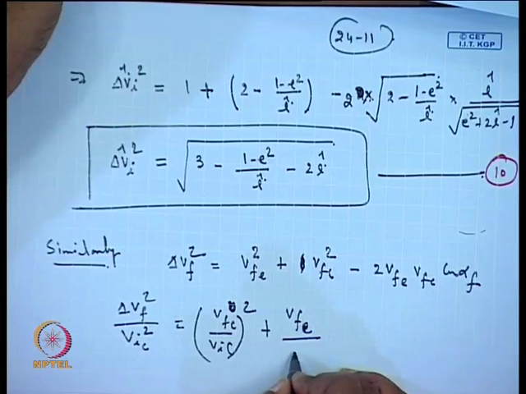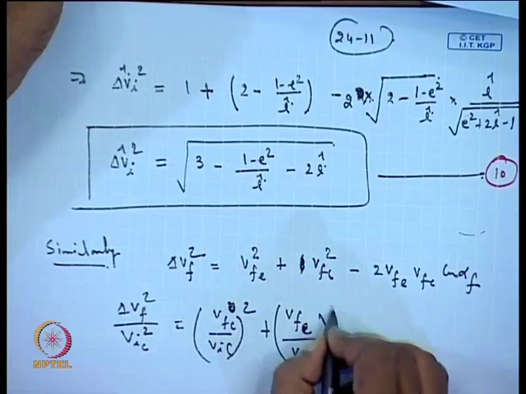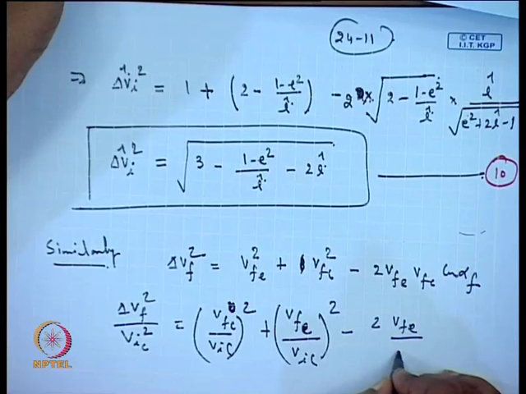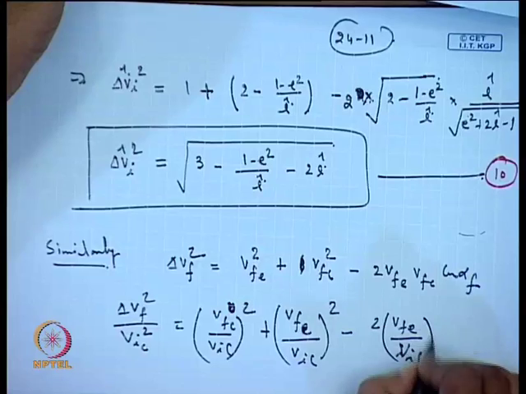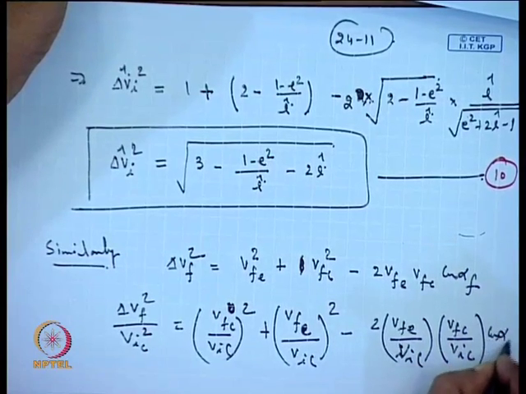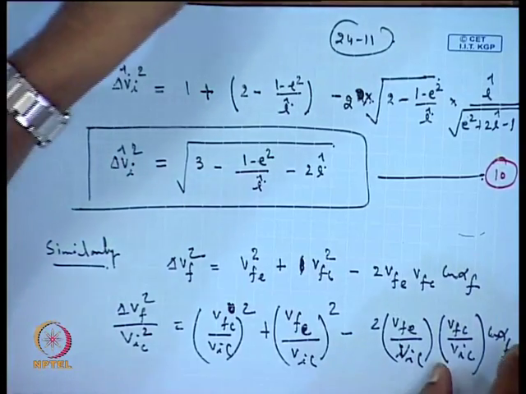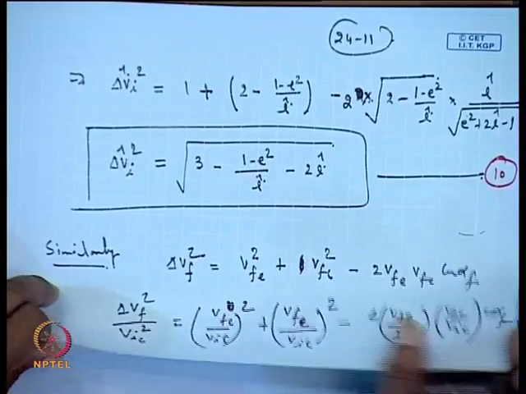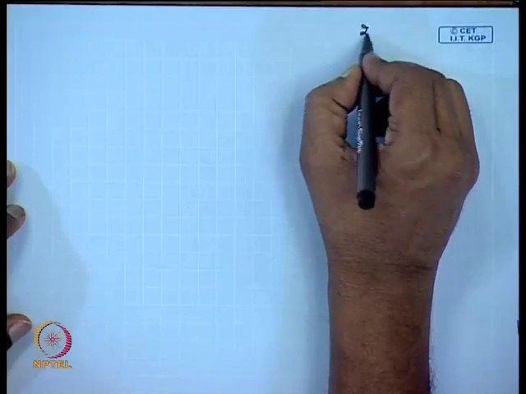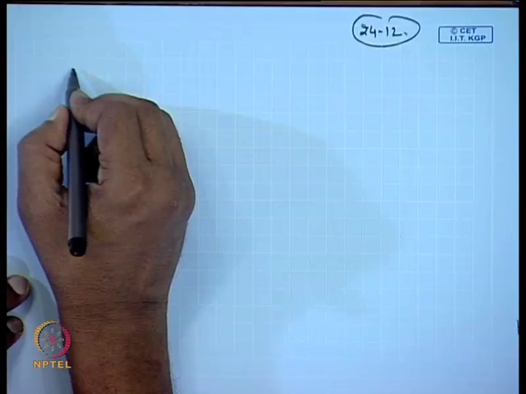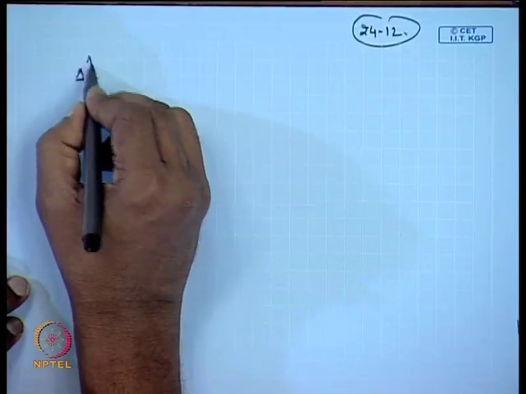Vfe divided by Vic square, cos alpha f. So, therefore, we can write as delta Vf cap square.